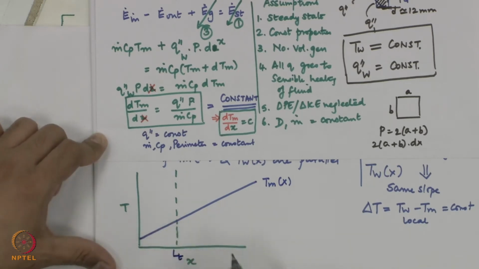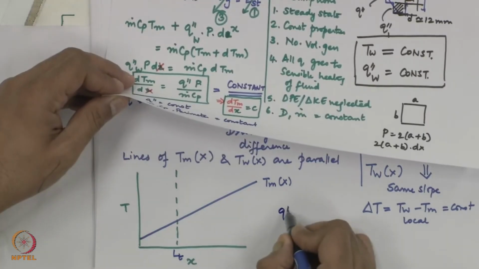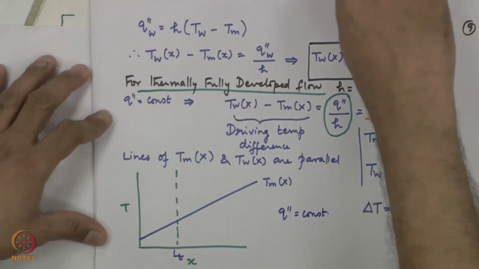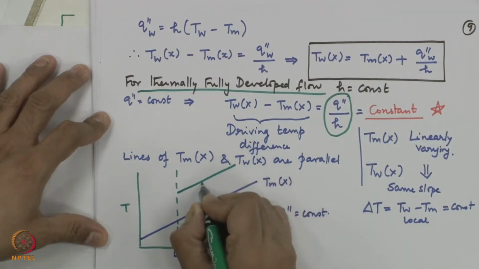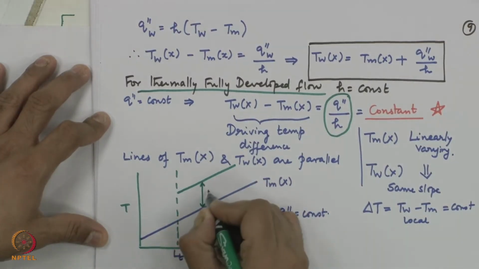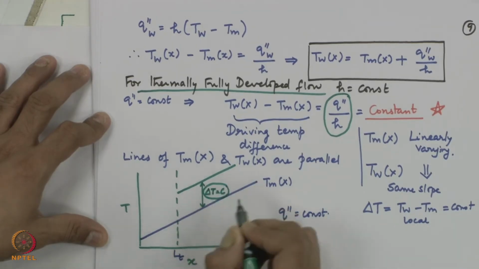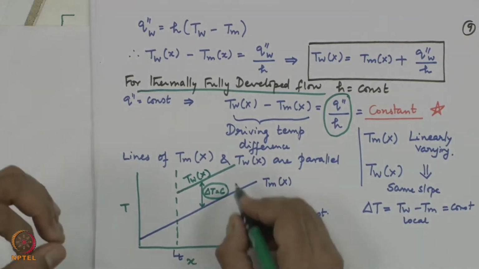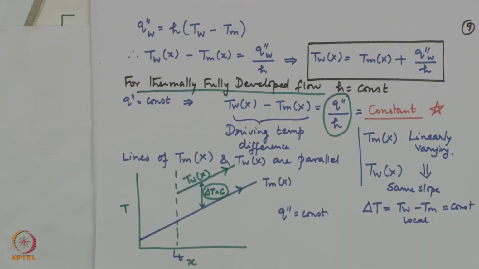So, this is LT and this is beyond LT, the heat flux equal to constant case. Because h was constant, here we say that this delta T is equal to constant. This green line is the variation of wall temperature and the lines are exactly parallel.